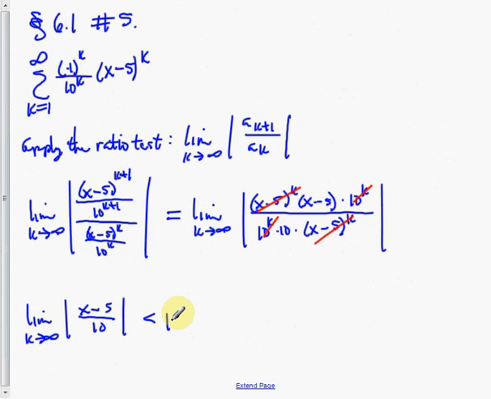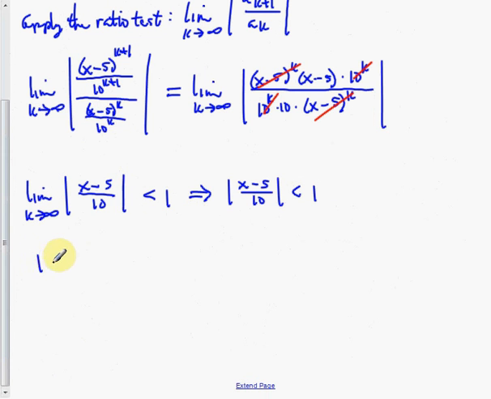So this implies, just solve it, the absolute value of x minus 5 all over 10 less than 1, multiplied through by the 10. So we have the absolute value of x minus 5 is less than 10. And by definition, this is negative 10 less than x minus 5 less than 10.